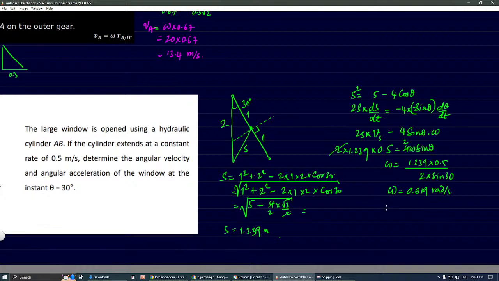It is also asking angular acceleration. In order to find angular acceleration, we have to differentiate this equation once again. Okay, differentiate: 2s into dv by dt, you know, plus velocity s into 2 ds by dt.